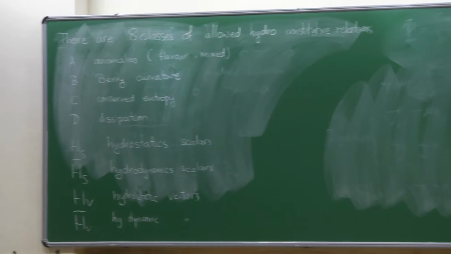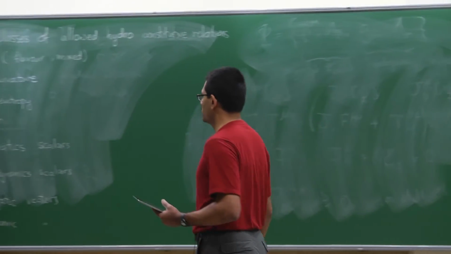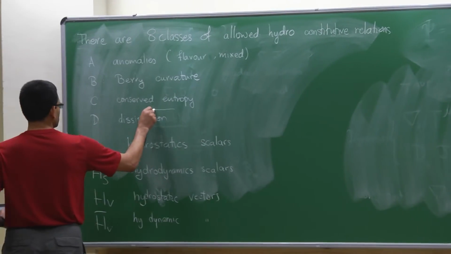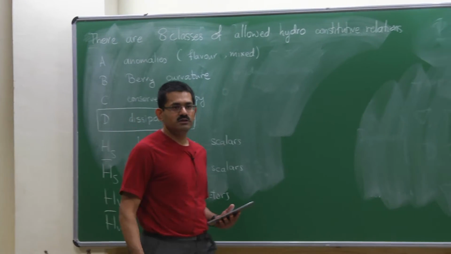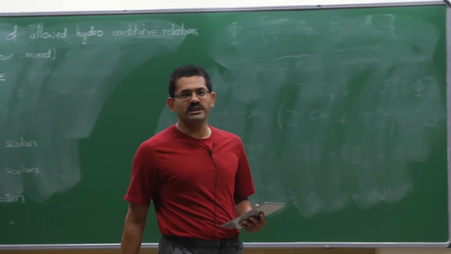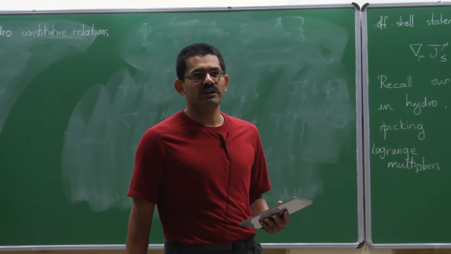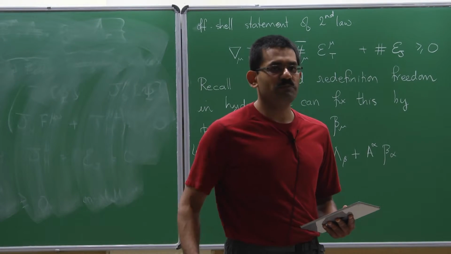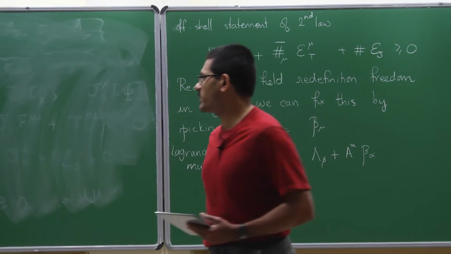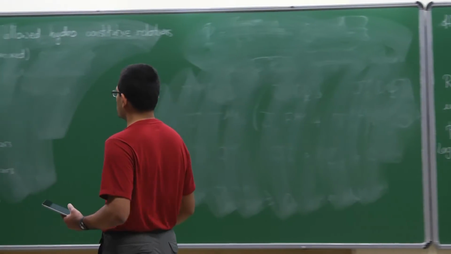Of these 8 classes, dissipation is the only thing that causes entropy production. Dissipation is the only source of entropy production. This is the only thing that sources delta.